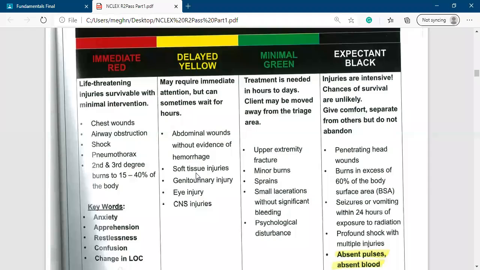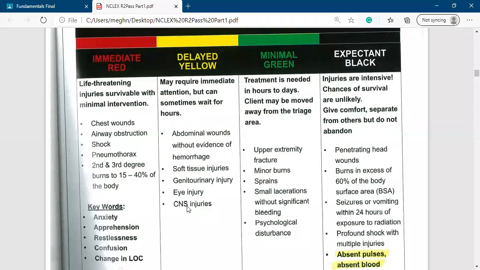So who are the patients for yellow tag or class 2? Like abdominal wound or soft tissue injuries, gastrointestinal injury, eye injury, or central nervous system or CNS injuries. They are yellow tag.